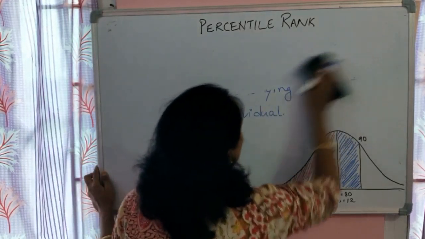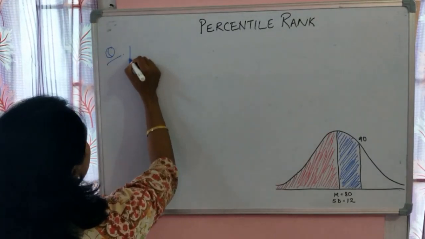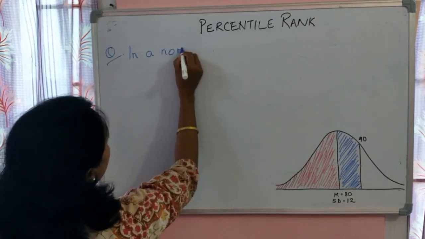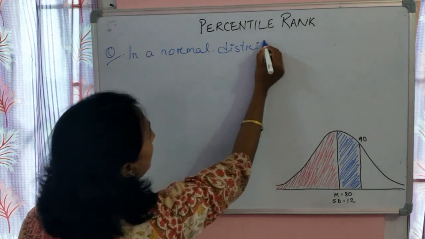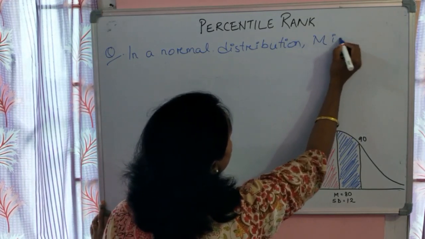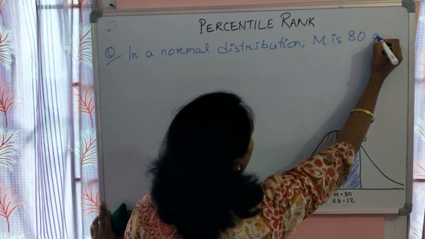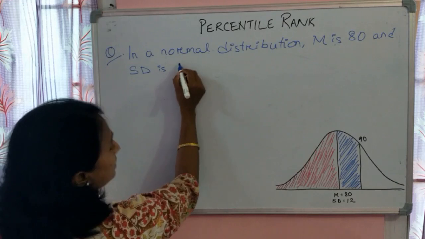Okay, the question is like this. In a normal distribution, mean is 80 and SD is 12.